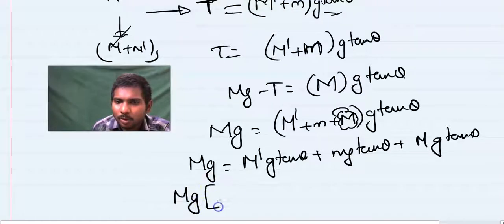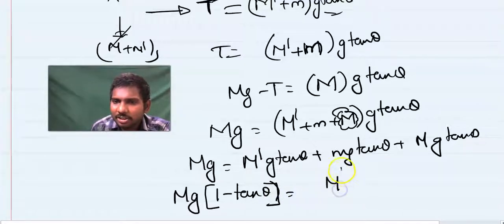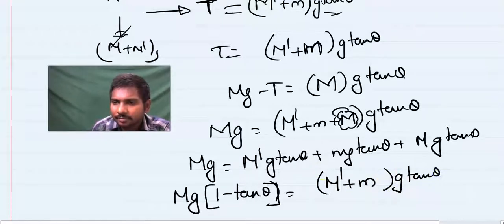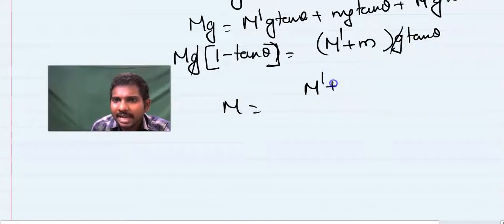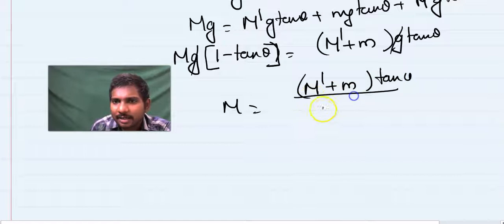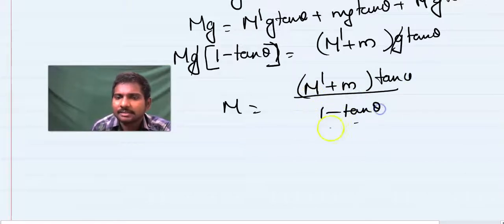Mg into (1 minus tan theta) is equal to (m' + m) g tan theta. If we cancel g and g, M is equal to (m' + m) tan theta divided by (1 minus tan theta).